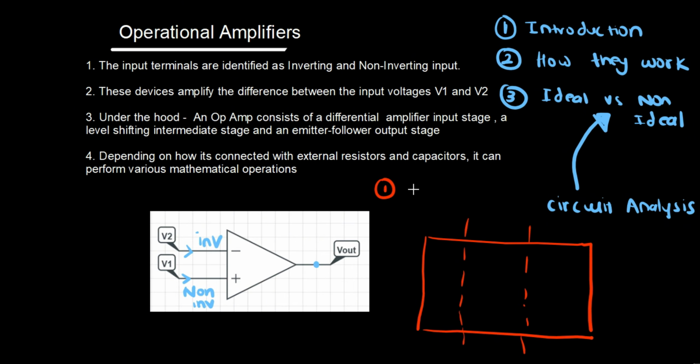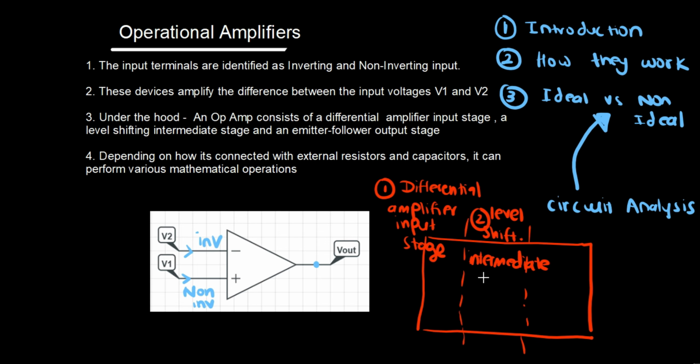The first stage is known as the differential amplifier input stage, the second stage is known as the level shifting intermediate stage, and the third, or final, stage is known as the emitter follower output stage.